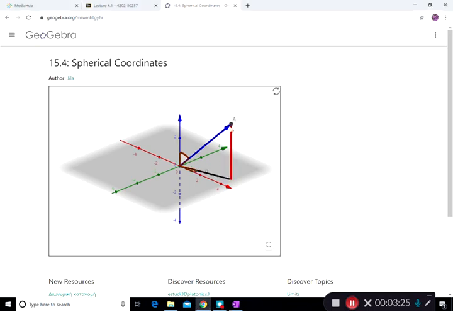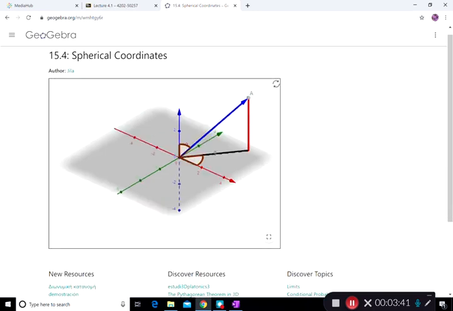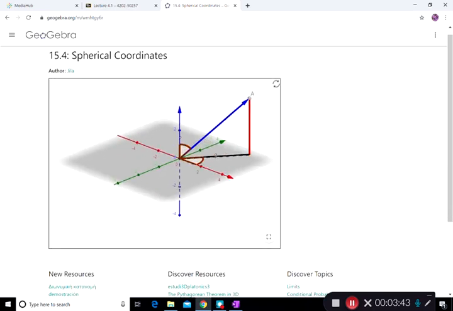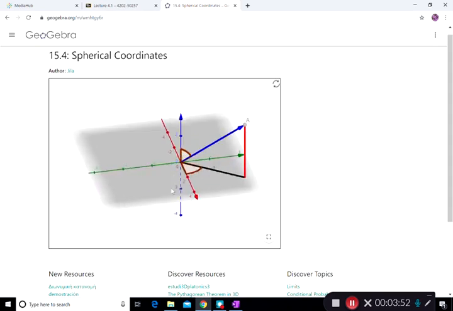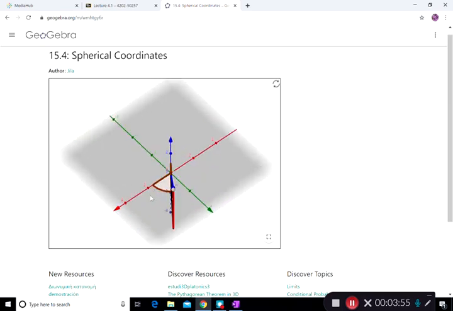Let's look at how the spherical coordinate sits there. See, the blue vector is the position vector of point A, and the angle you see right in here is actually the angle between the z-axis and that position vector, and it's called phi. Then you see there's another angle after you project the point into the xy plane.